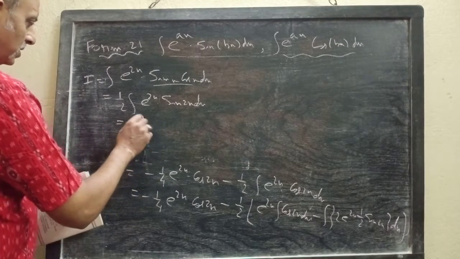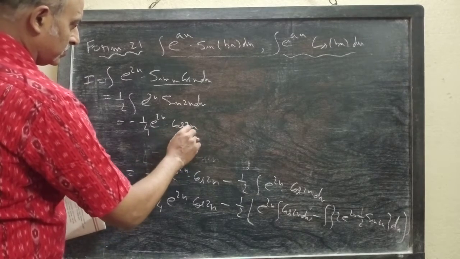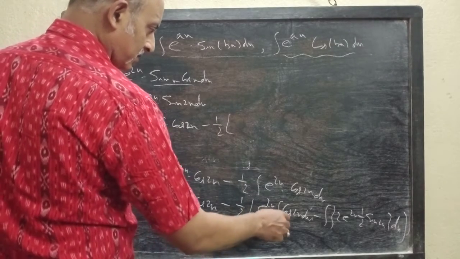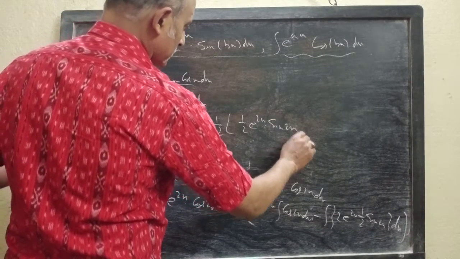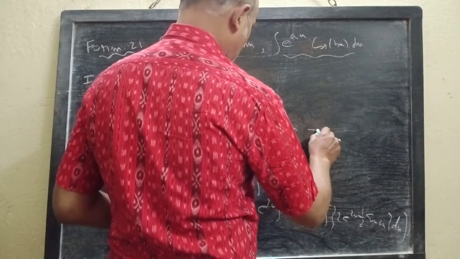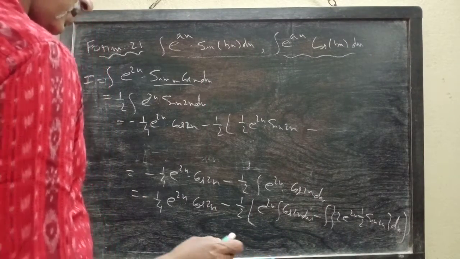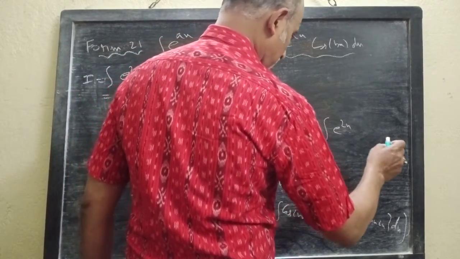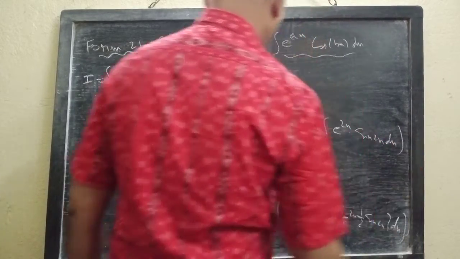Minus 1 by 4 e to the power 2x cos 2x minus half, within the bracket, half e to the power 2x sin 2x minus integration e to the power 2x sin 2x dx.